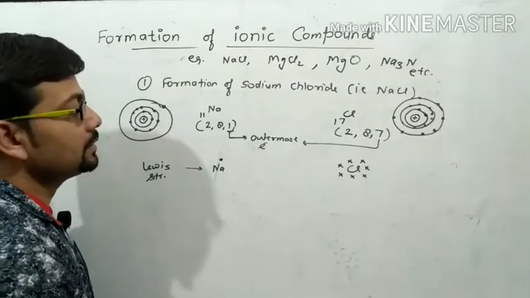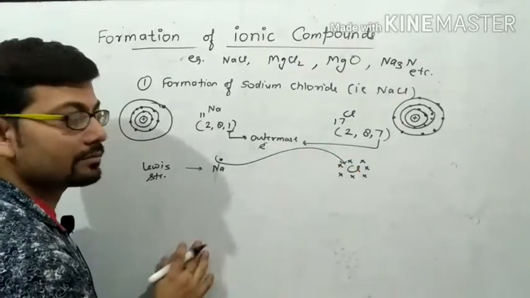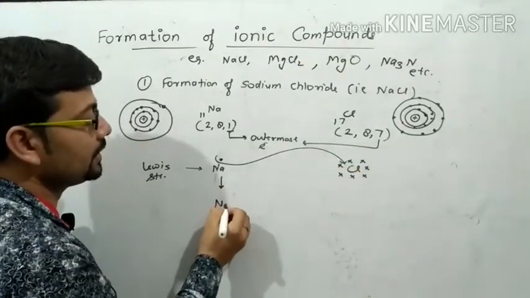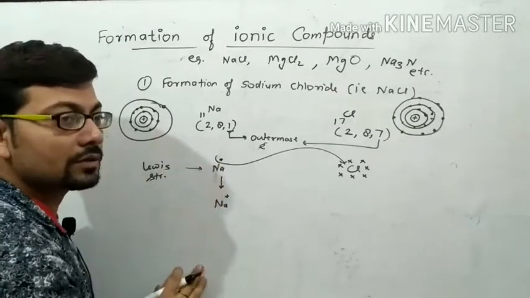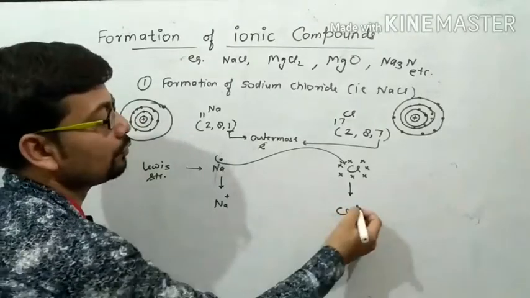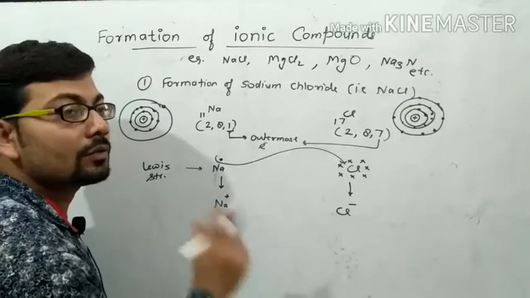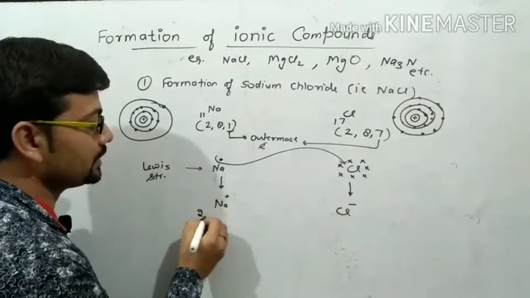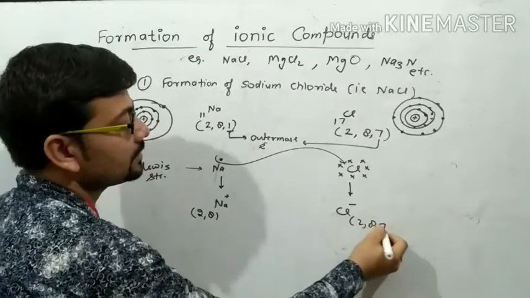So that's why sodium transfers 1 electron to the chlorine, and then sodium gets 1 positive charge because it transferred only 1 electron, and chlorine gets 1 negative charge because it obtained only 1 electron. So the configuration is 2, 8, but here 2, 8, 7.